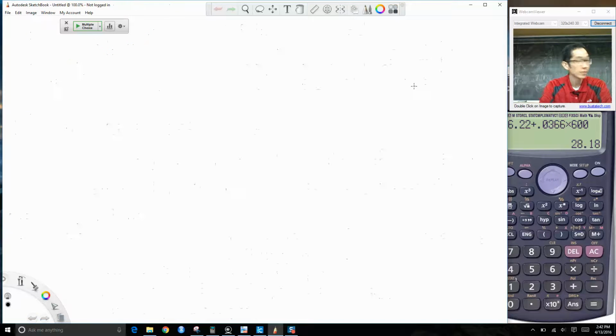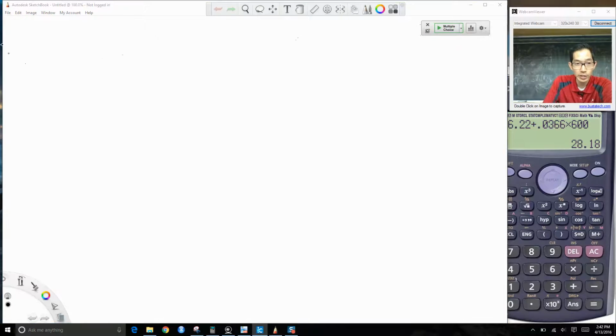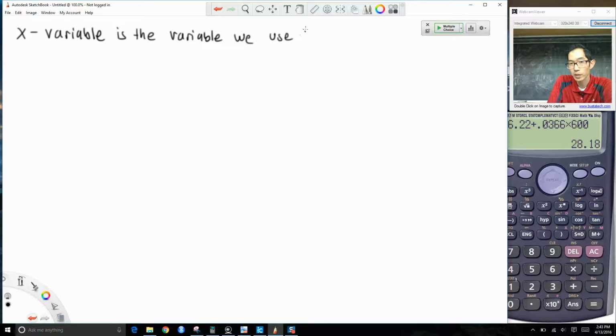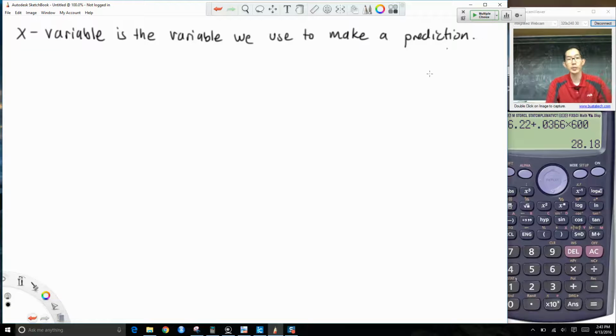All right, so I want to talk about the distinction between x and y, okay? So our x variable is the variable we use to make a prediction. We're going to make predictions based on the x variable, okay?